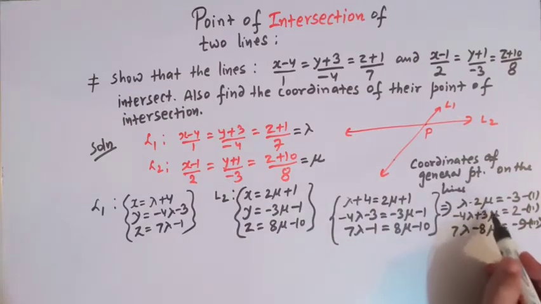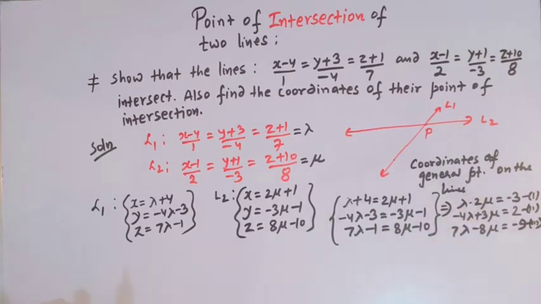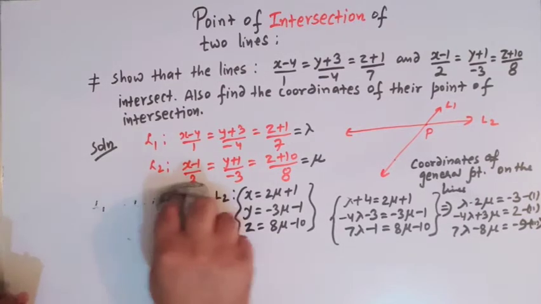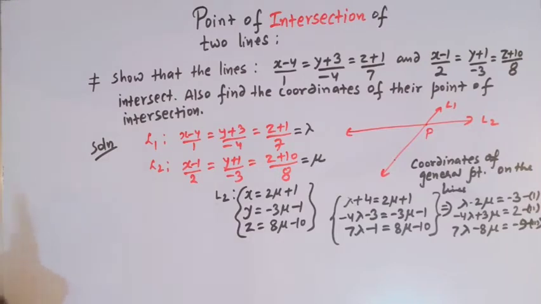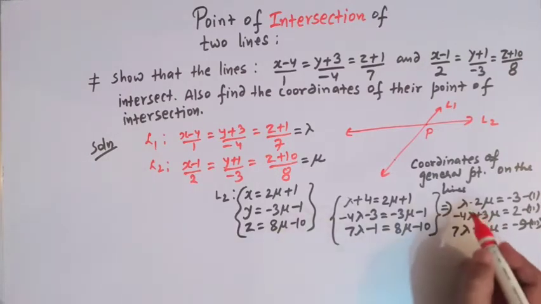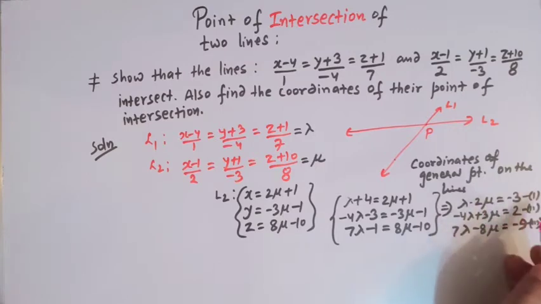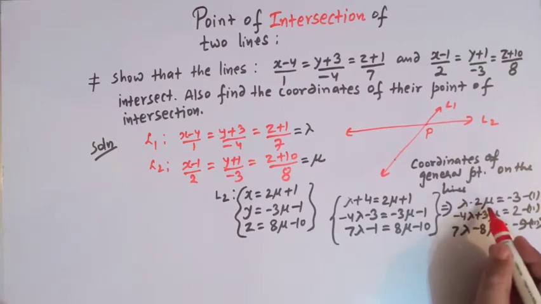Now here I am taking equation 1 and 2, right? Let us multiply equation 1 by 3. We will solve these two equations by the method of elimination.